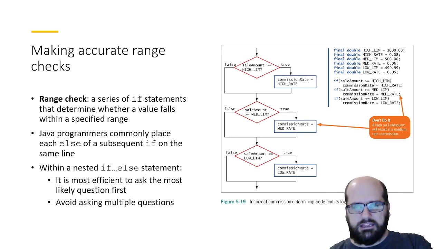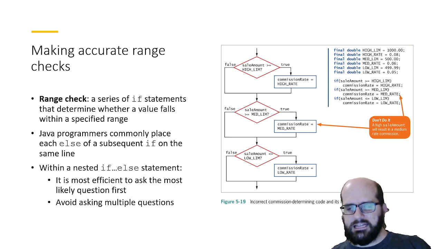And you can see that this particular structure doesn't work because we are testing high limit, then medium limit, then low limit.